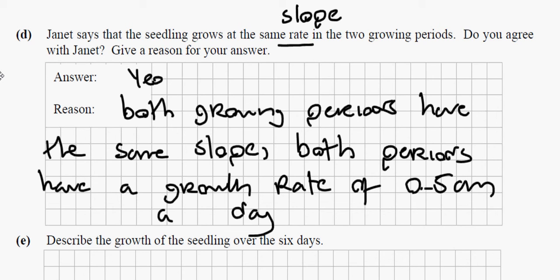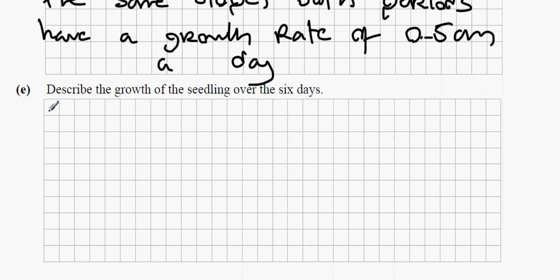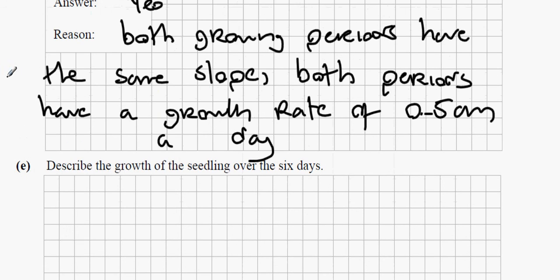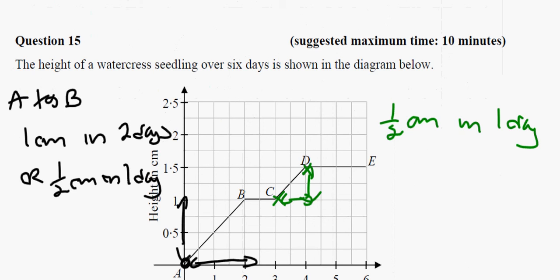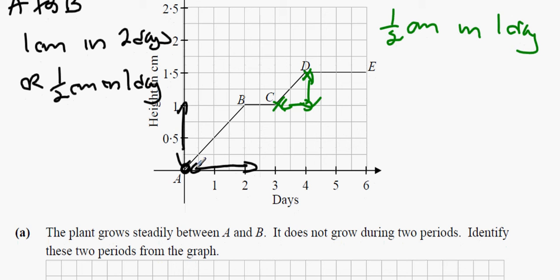Next one. Describe the growth of the seedling over the 6 days. Okay, let's start off.